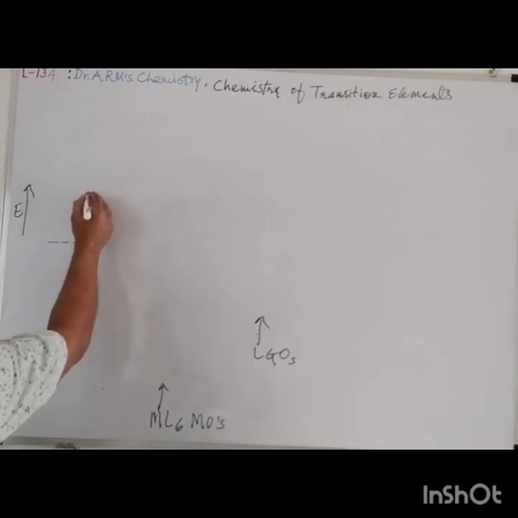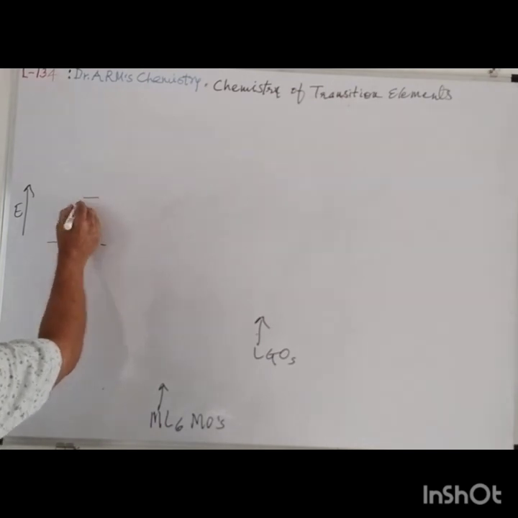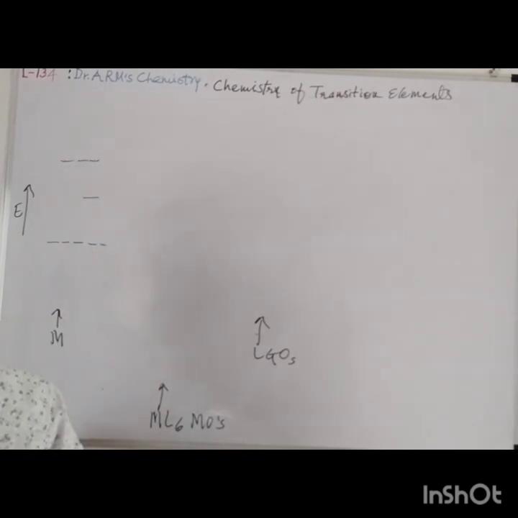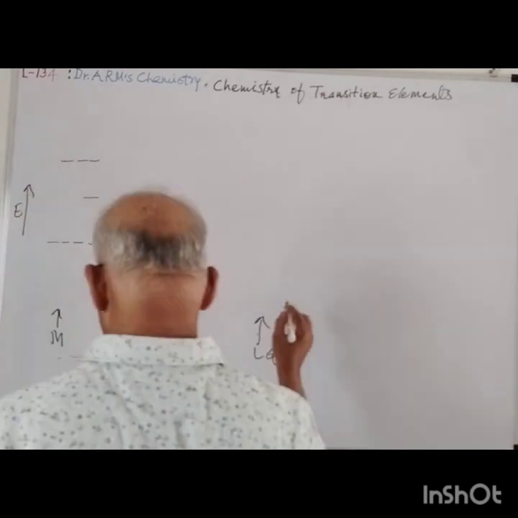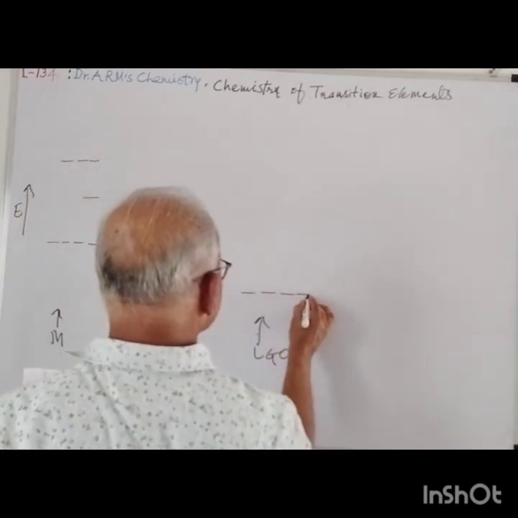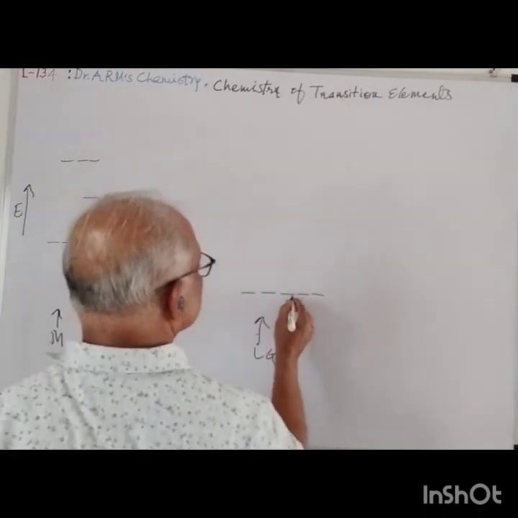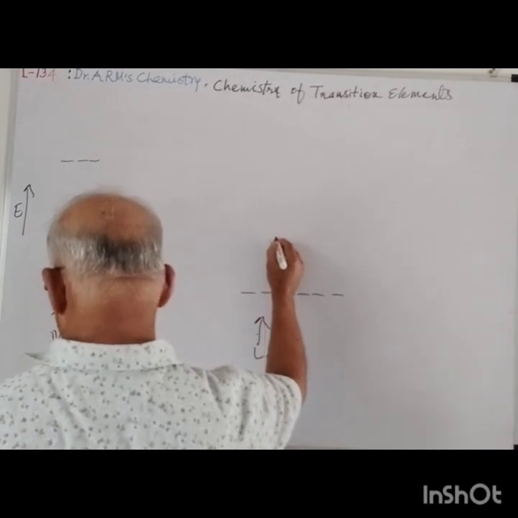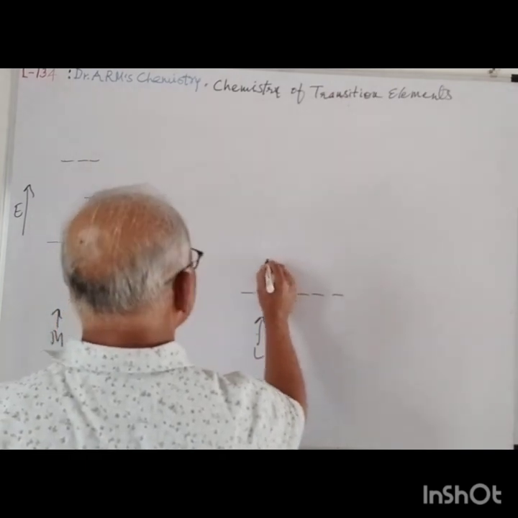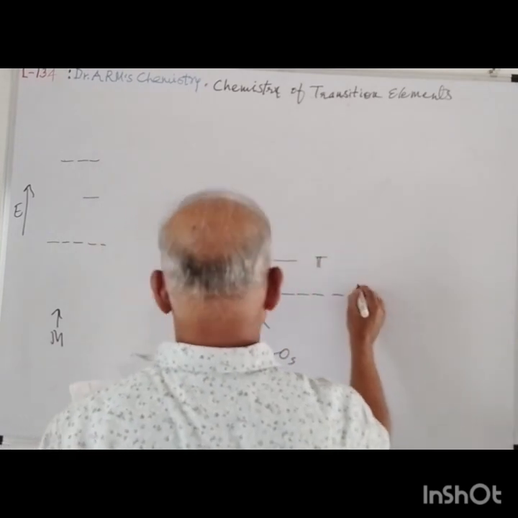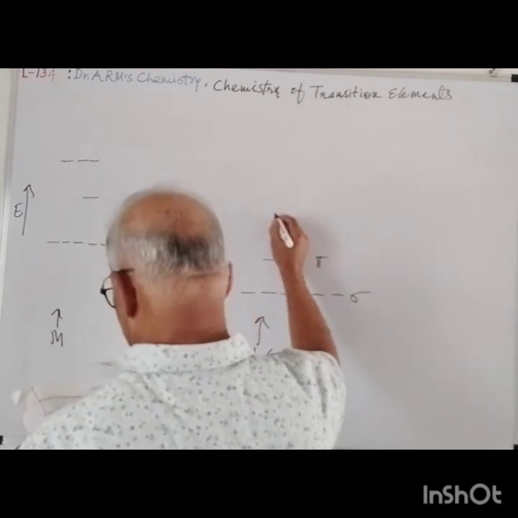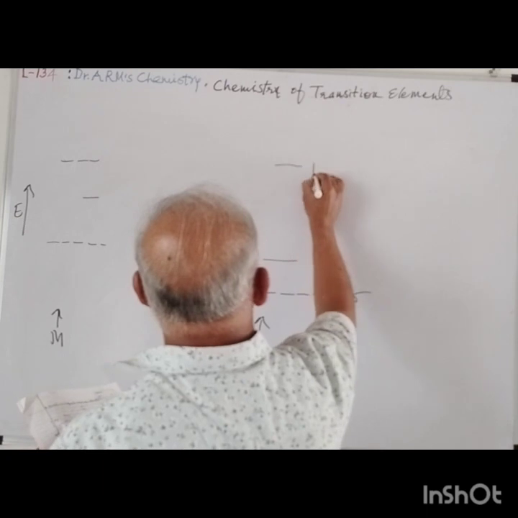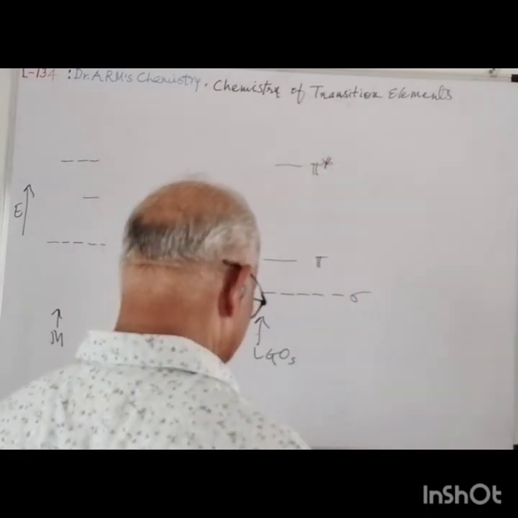Then there is the 4s orbital, of A1g symmetry. Then there are three T2g symmetry orbitals. On this side we have the six ligand group orbitals, ML6. These are sigma. Now there is a pi orbital, and also the pi star orbital of the ligand groups.